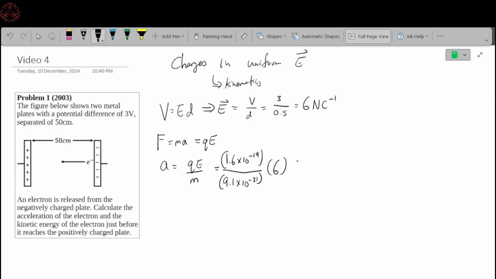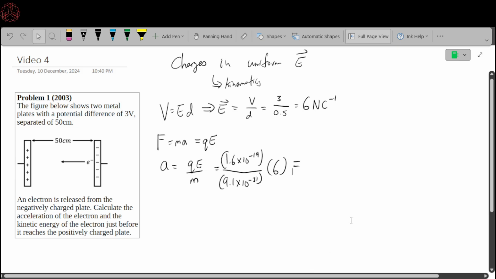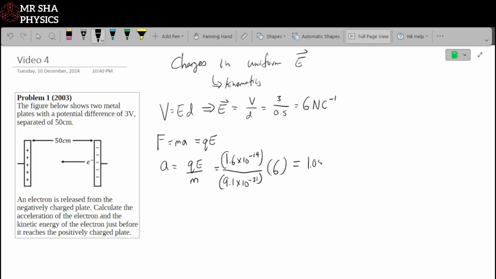Then my acceleration is, you can key in the calculator while I check, you will get 1.055 times 10 power of 12 meters per second squared, and that is your acceleration.